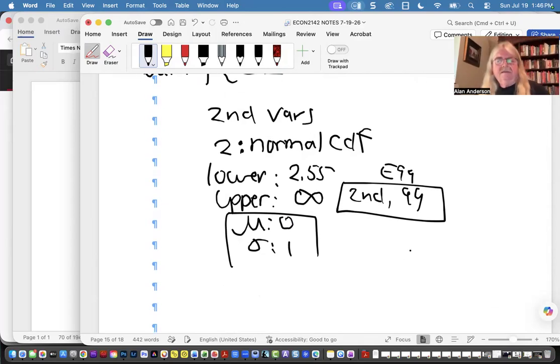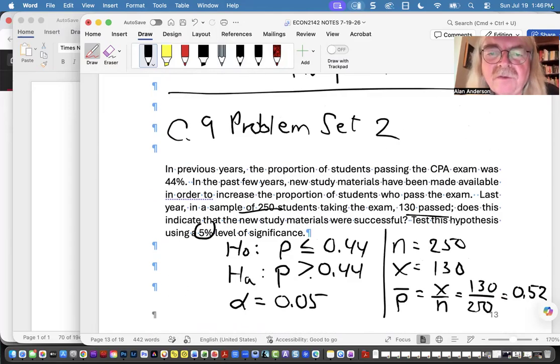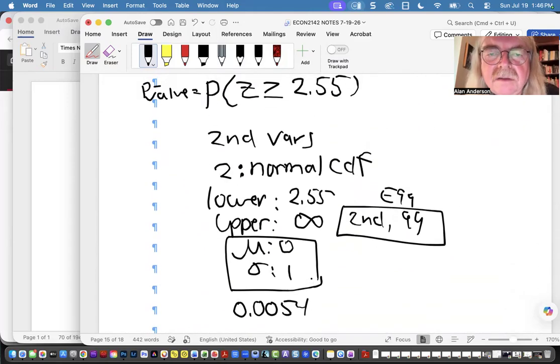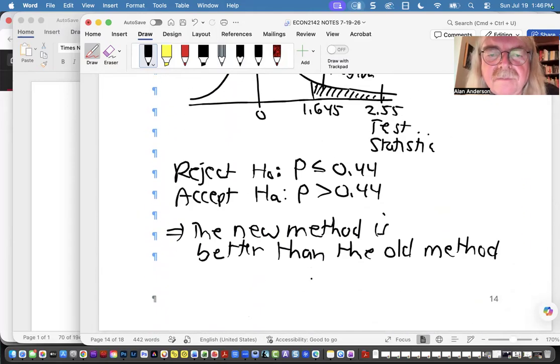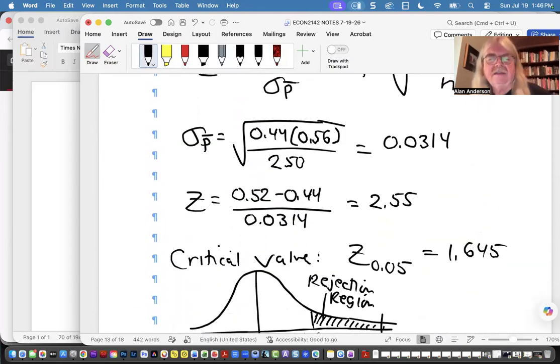And what do we get? It's very small. I figured it would be. 0.0054, let's say. And once again, alpha is 0.05 in this case. Where did I write it? Yeah, there it is. Okay, good. All right.